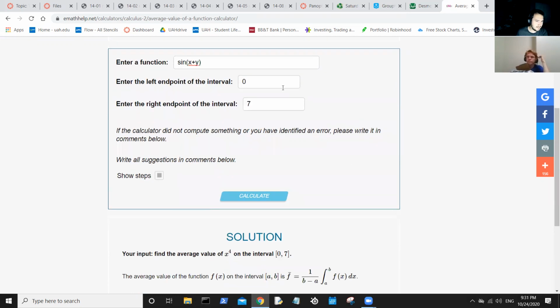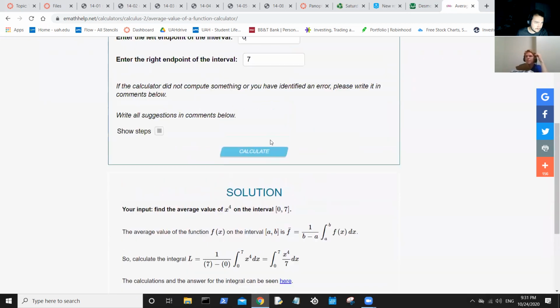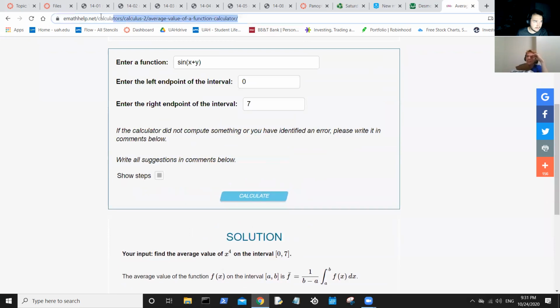What does this even say? Enter the left endpoint of the interval. What does this mean? Wait, it's not letting me autofill. The average value of a function, yeah, that's the average value of a function.